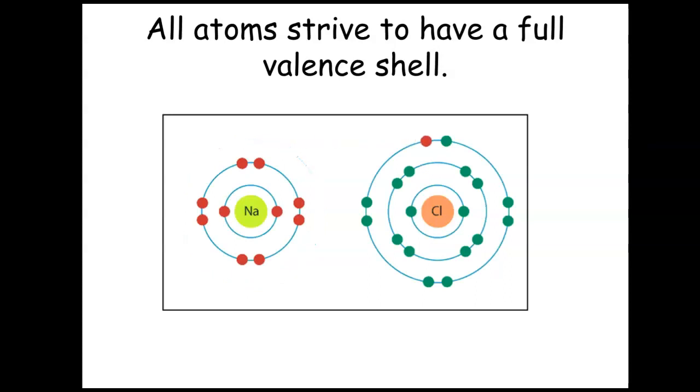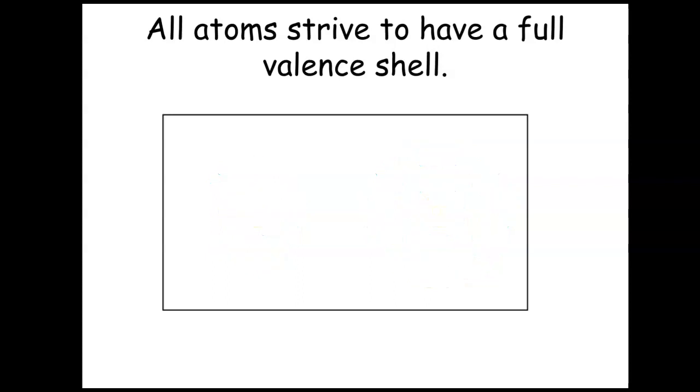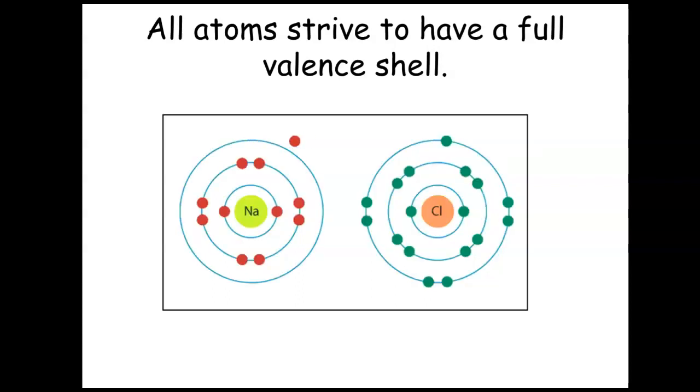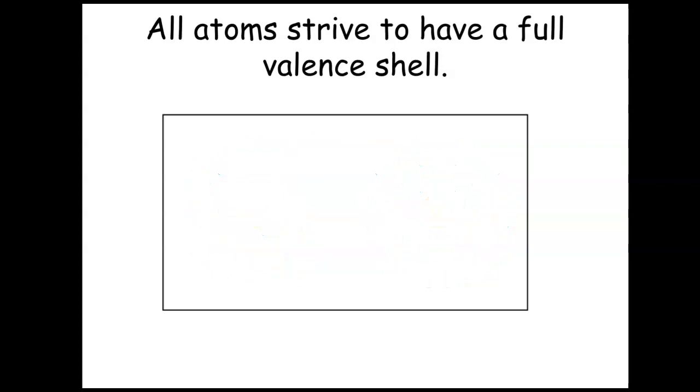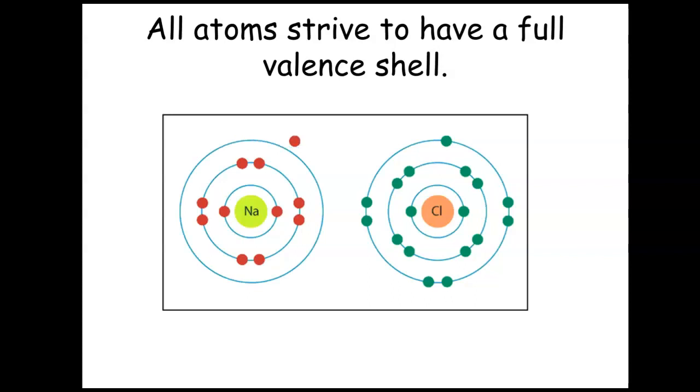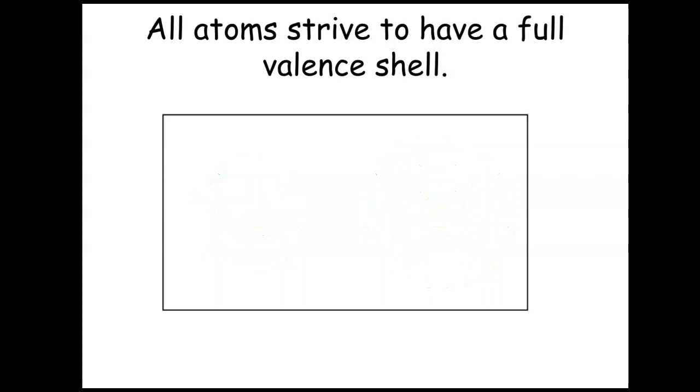And just as a reminder, as these electrons are lost and gained, remember now the atom is becoming an ion, and ions have a charge. So sodium still has the same number of protons that it started off with, but it now has one less negative electron.